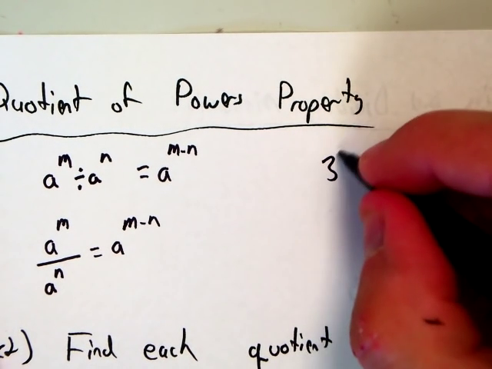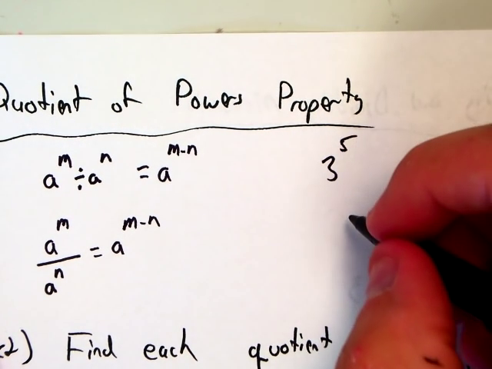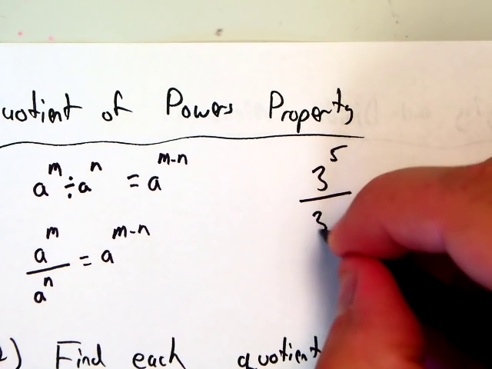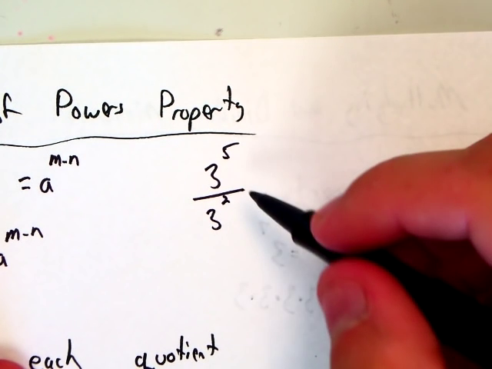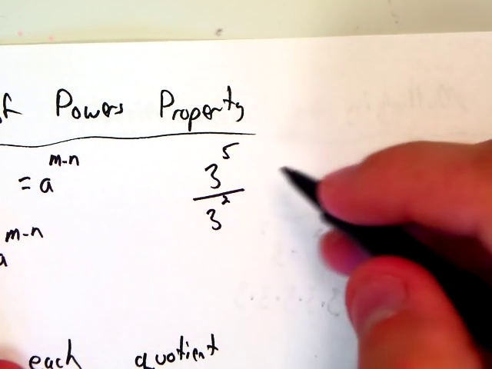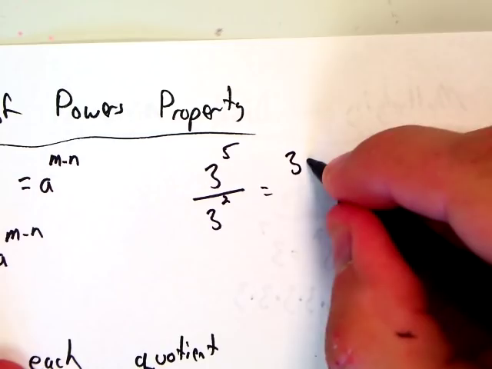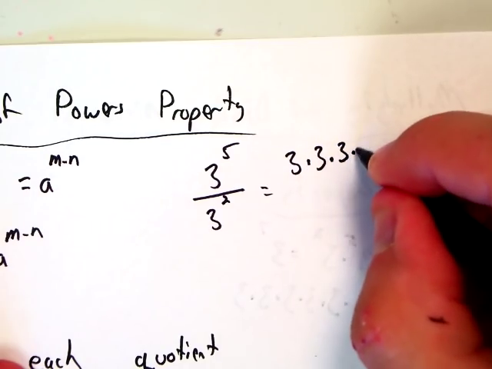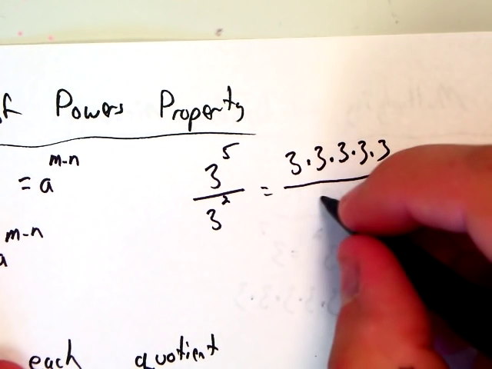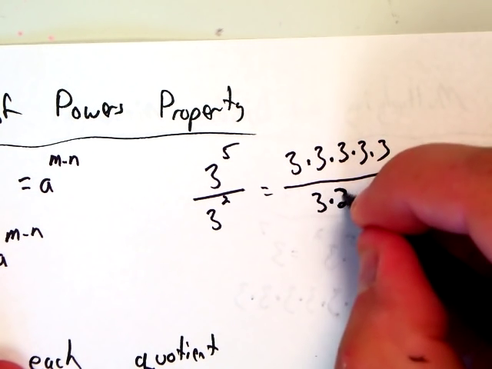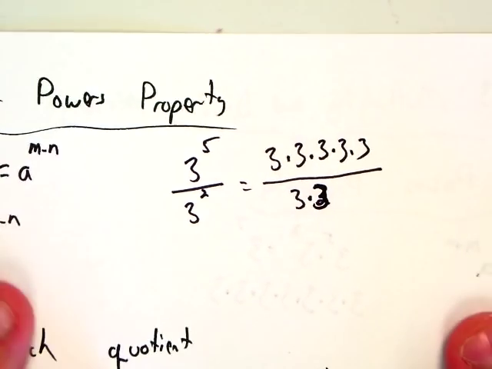So we'll use the same two powers that we did before, 3 to the 5th and 3 to the 2nd. Now what I'm going to do is start evaluating this. 3 to the 5th is 3 repeated 5 times, and 3 to the 2nd is 3 repeated twice.